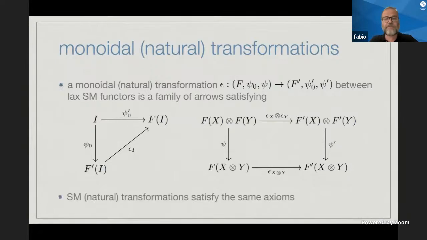Very well. If they are symmetric monoidal, they satisfy the same axiom. What is naturality? Basically, it tells you that the naturality square has to commute. But the definition of transformation is more general. It's just a set of arrows satisfying some properties, not necessarily naturality.